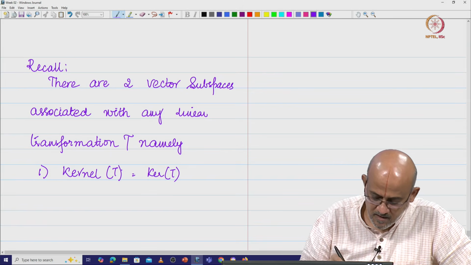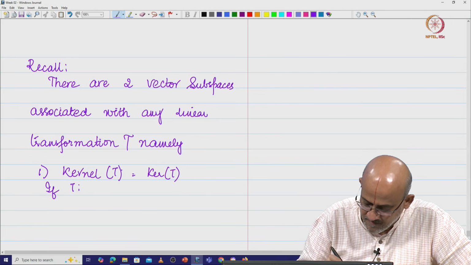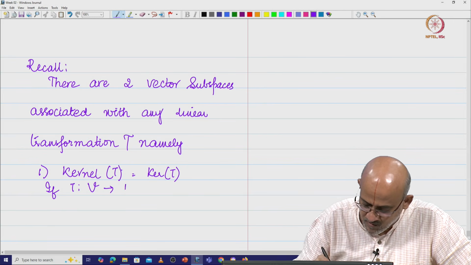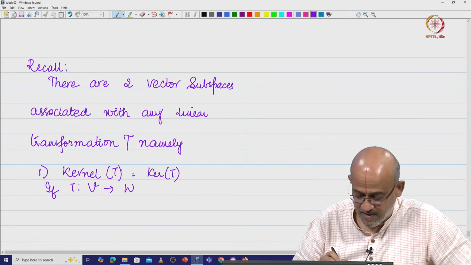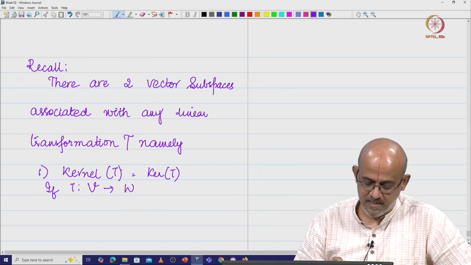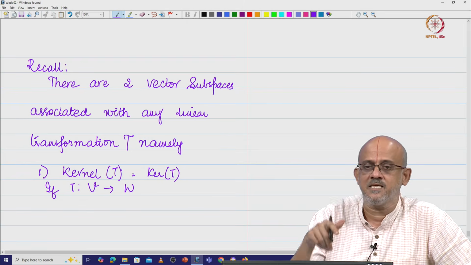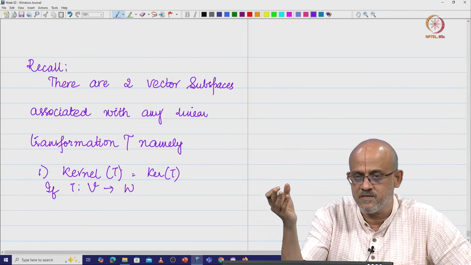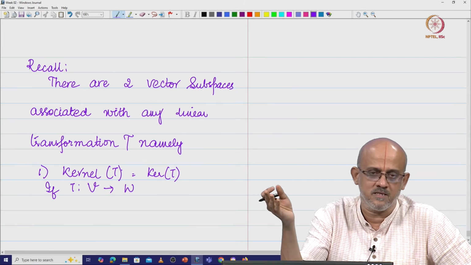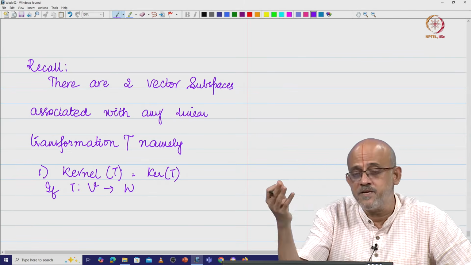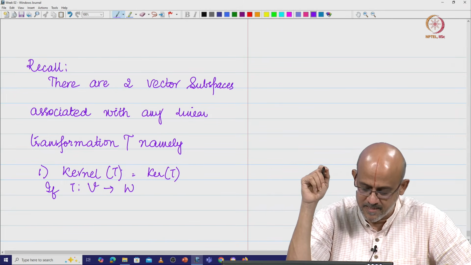What are we going to say here? Suppose T is a map from V to W, that means V is a vector space and W is yet another vector space. If T is a linear transformation from V to W, then there could be a set of vectors other than the 0 vector, or it could just be the 0 vector, which we know in the case of a linear transformation always gets mapped to the 0 vector in the other vector space. But in addition to it there could be some more vectors which get mapped to the 0 vector in the other vector space.